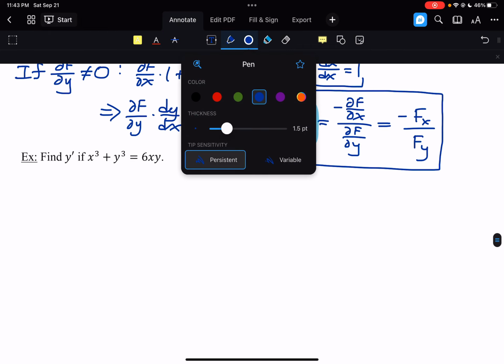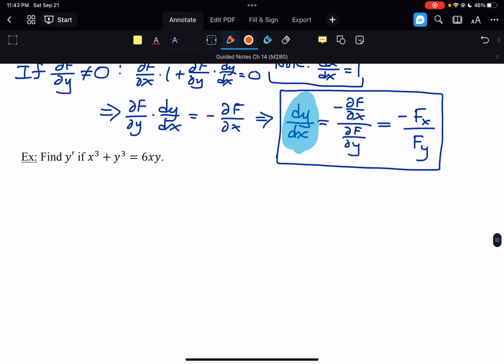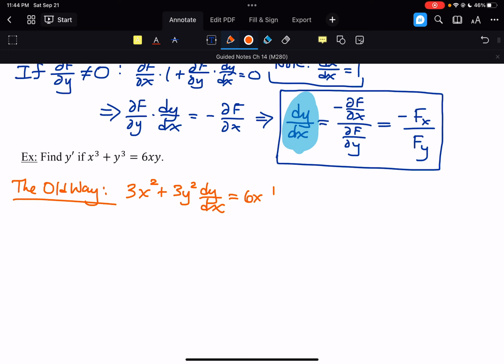Now, what I want to do first is show the old way. So like the original way that you would compute using implicit differentiation. So what we would do is take the derivative term by term. We would get 3x squared plus 3y squared dy dx equals, that's a product rule here, so 6x dy dx plus 6y.